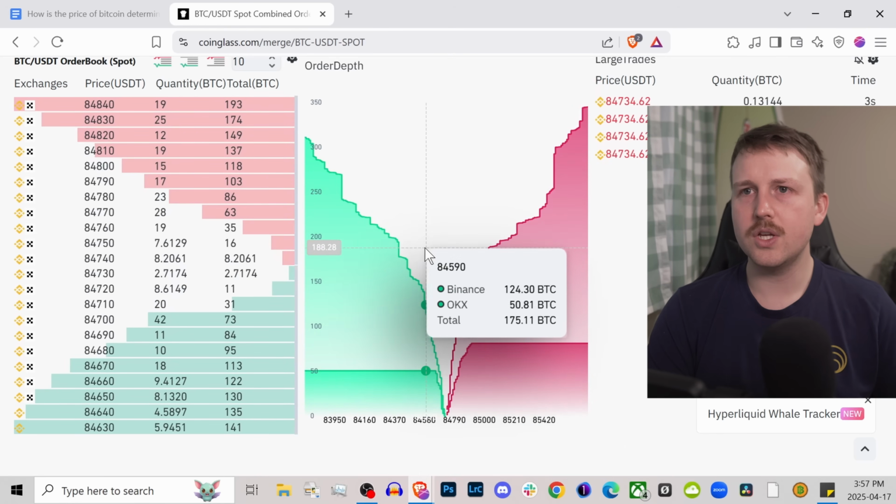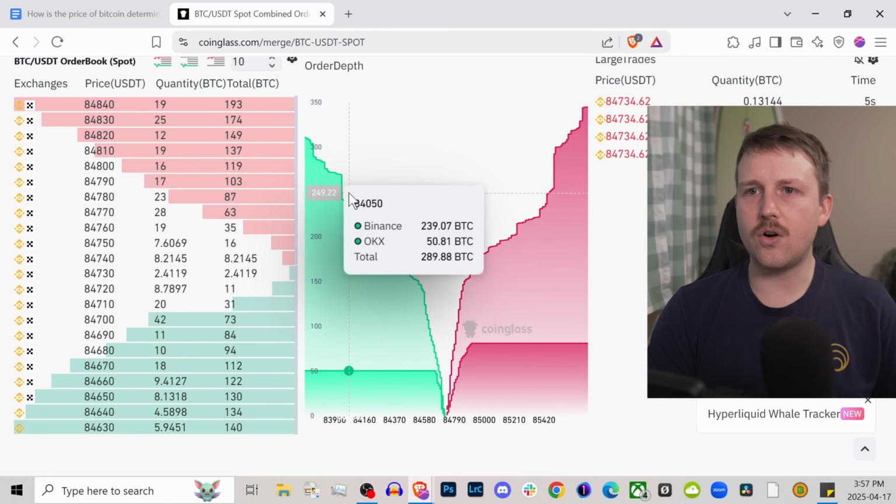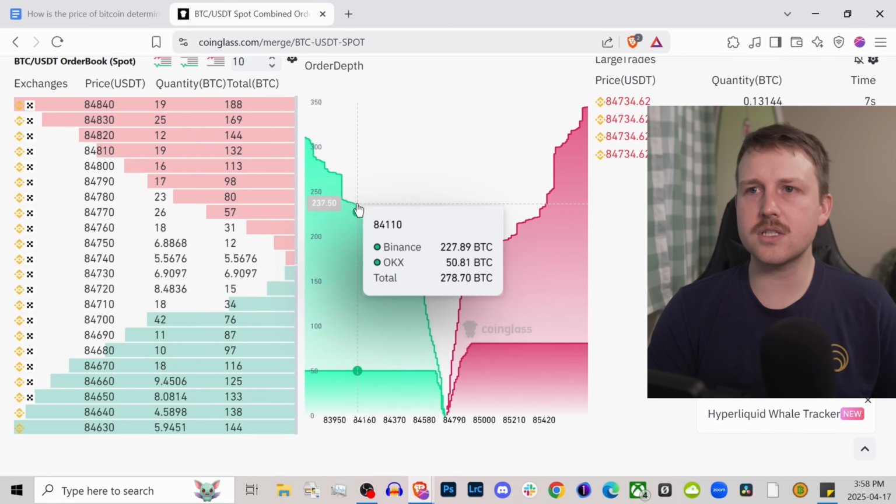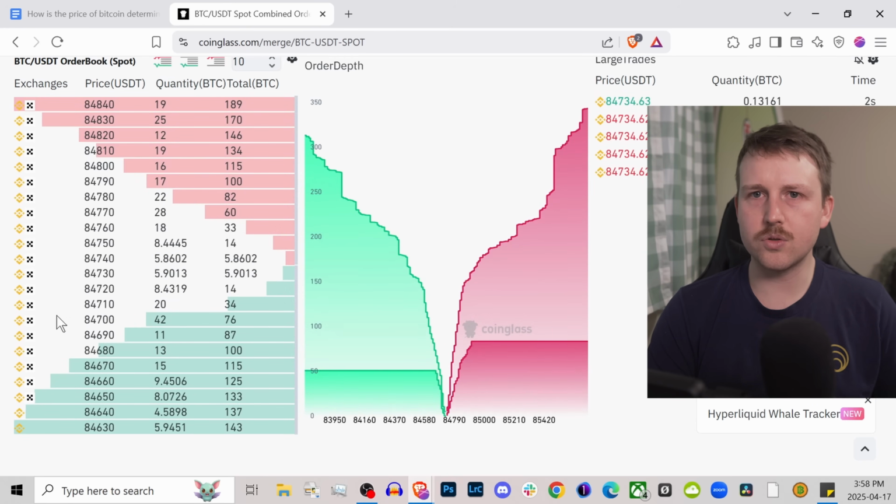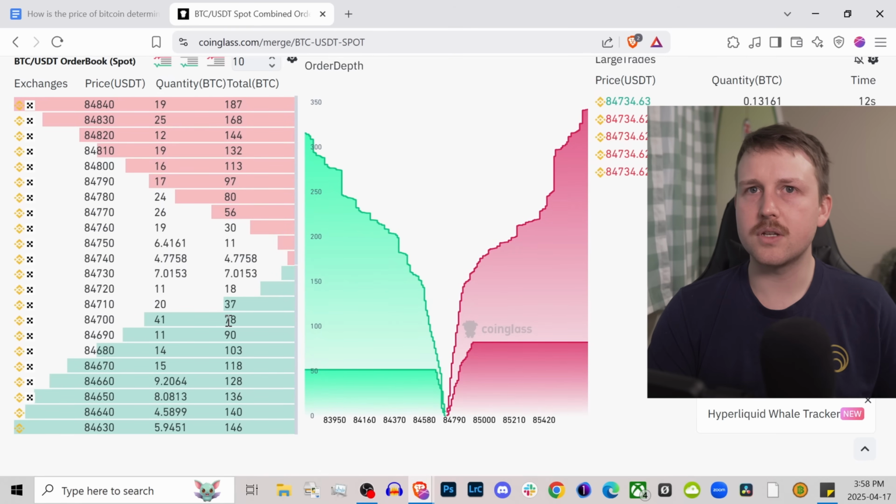But first off, what this shows is all these prices here have this amount of Bitcoin. If you look at 84,700, there's the total quantity between these two exchanges, OKX and Binance. There's 79 Bitcoin at that price being bought.